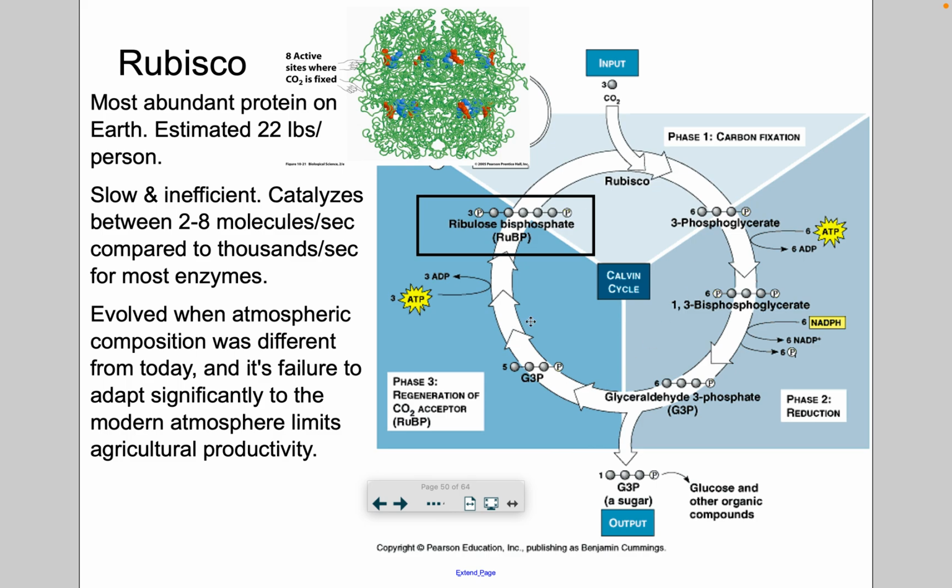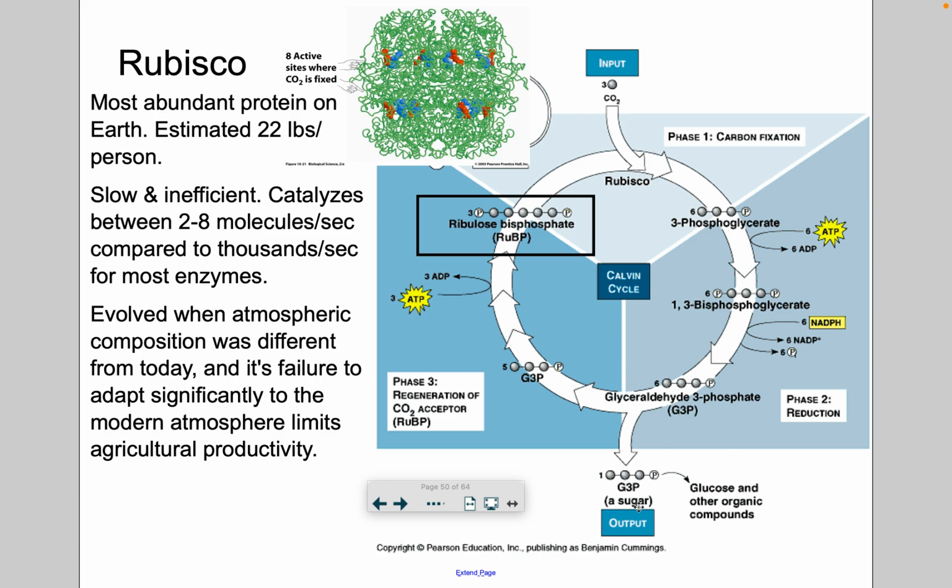This is another diagram, just showing the Kelvin cycle and how it's actually broken down into 3 stages. We have carbon fixation where CO2 comes in, and there's my Rubisco. And then it immediately breaks down into a 3-carbon molecule, and you can see with energy, ATP, as well as some electrons, NADPH, it gets modified a little bit, and it turns into a 3-carbon molecule called G3P.